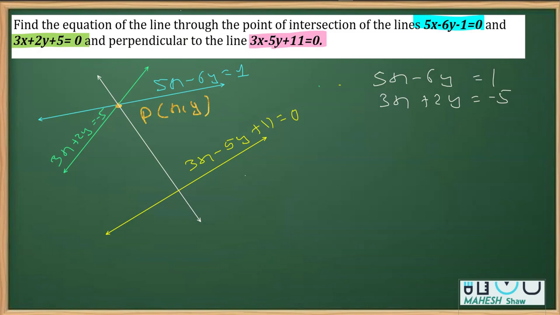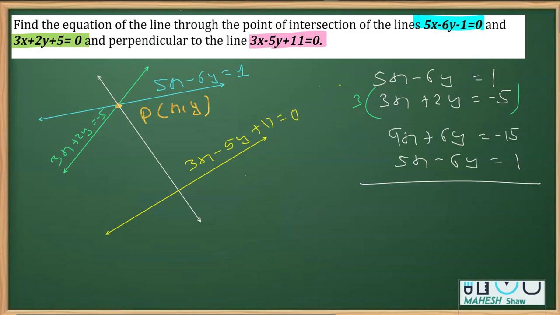Now, in order to eliminate y, I can multiply this equation by 3. On multiplying with 3, we are going to get 9x plus 6y is equal to minus 15. And the other equation I'm writing here, 5x minus 6y is equal to 1.